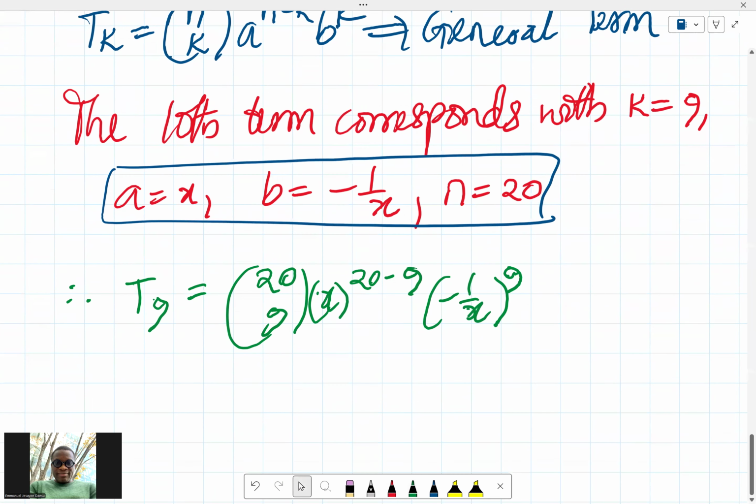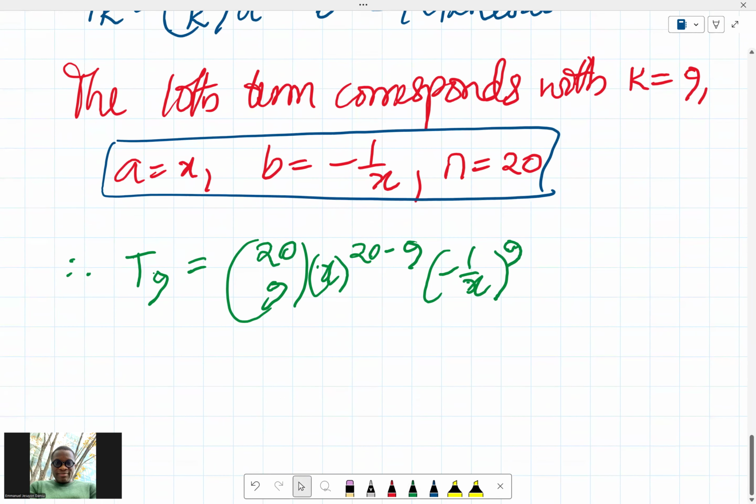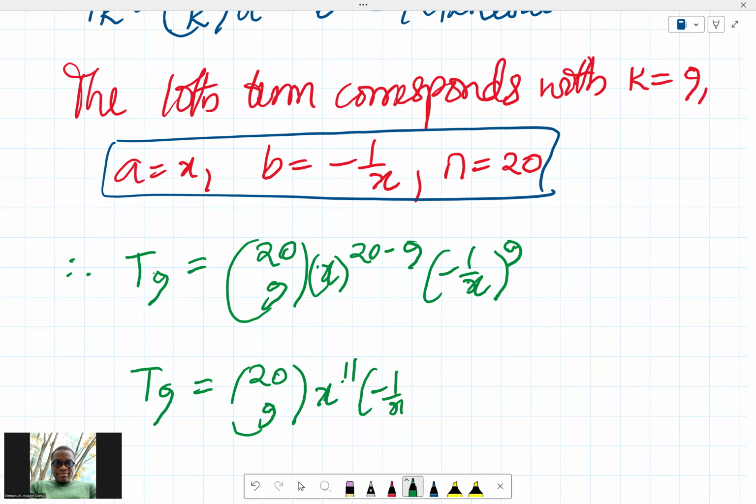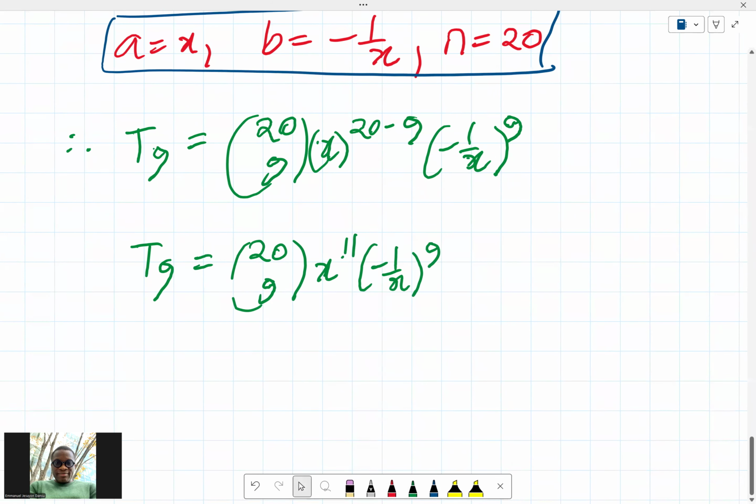So this expression, if you can evaluate it, you're going to get the coefficient. So T9 is 20 combination 9, x raised to power 20 minus 9 is 11, then minus 1 over x raised to power 9.